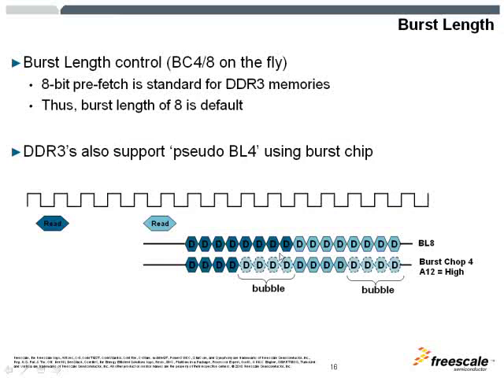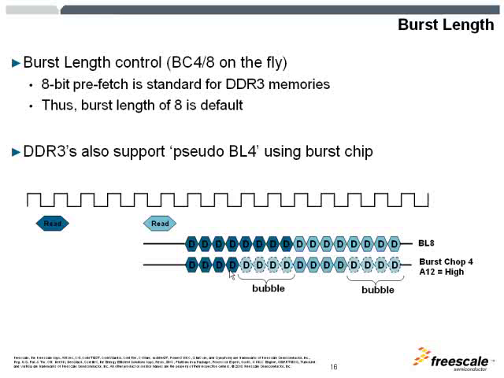In some cases, we do not want to send 8 beats of data. In some cases, it is advantageous to send only 4 beats of data, where the turnaround times between read and write will improve the performance. That is case by case basis, and that is device dependent.